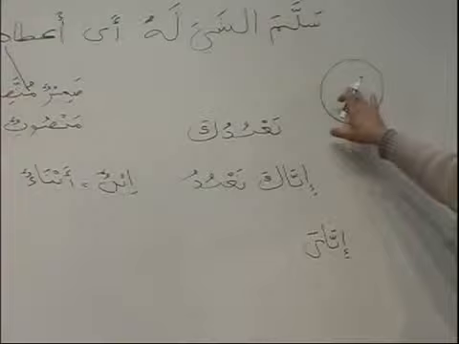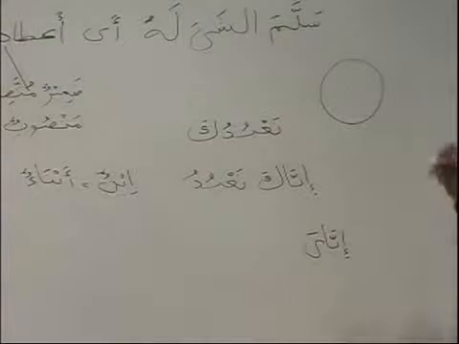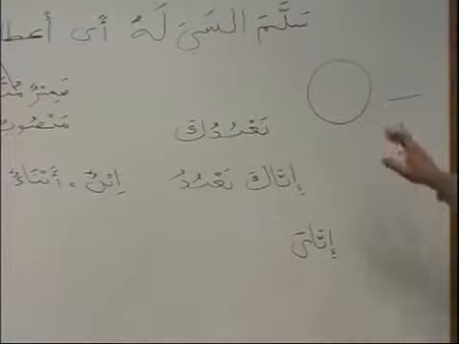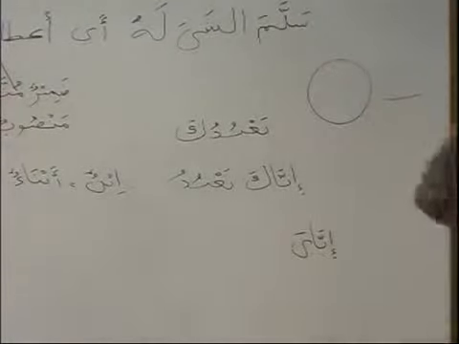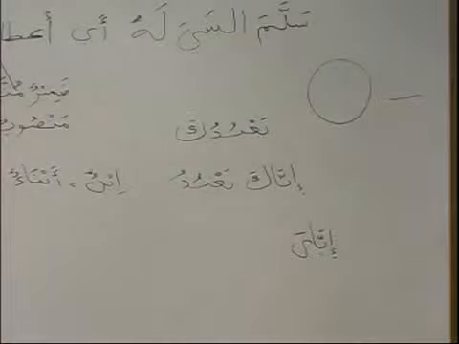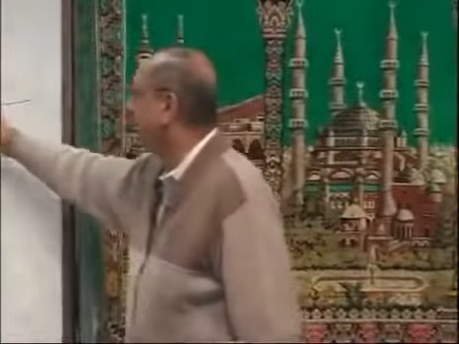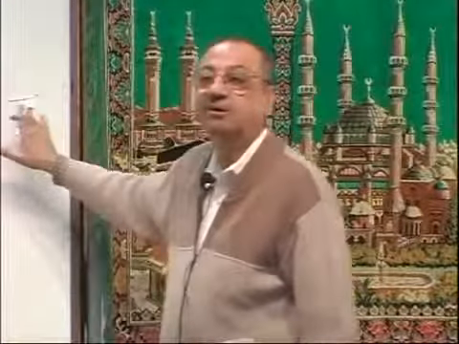Okay? But where is Allah? Allah is outside. He is not dependent the way we are dependent in the universe. He is apart from that. He is unique. There is nothing in the creation which will resemble Allah subhanahu wa ta'ala. He's apart from the creation. Are you with me, brothers and sisters?